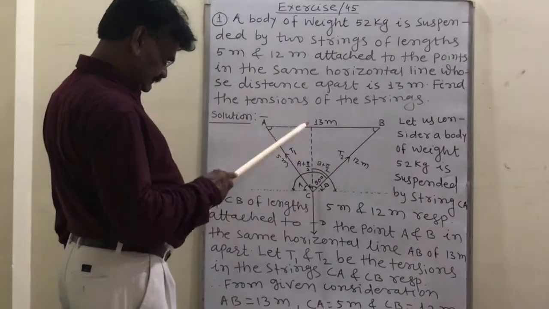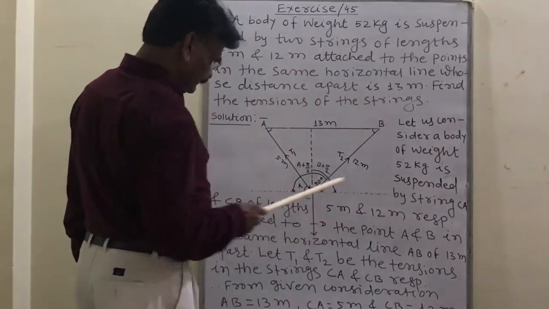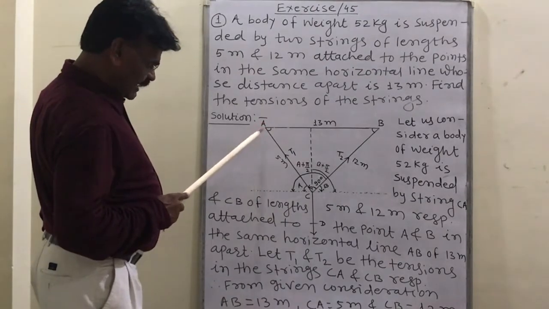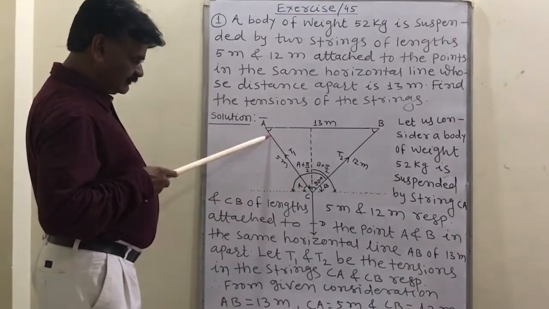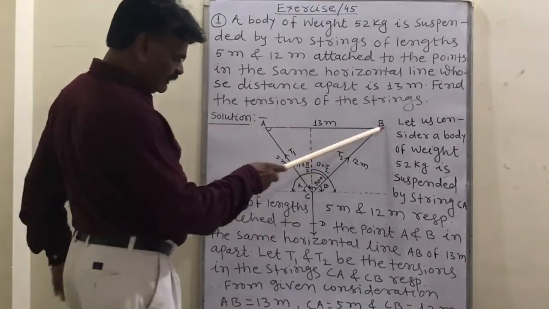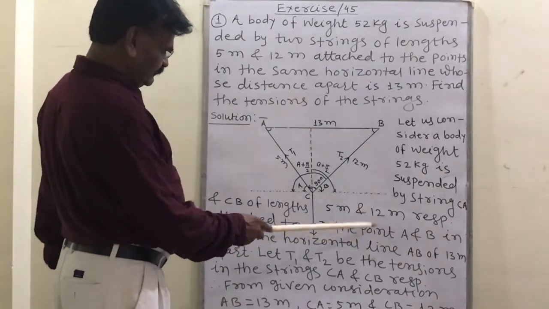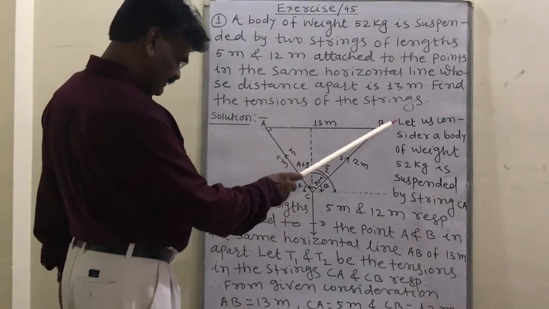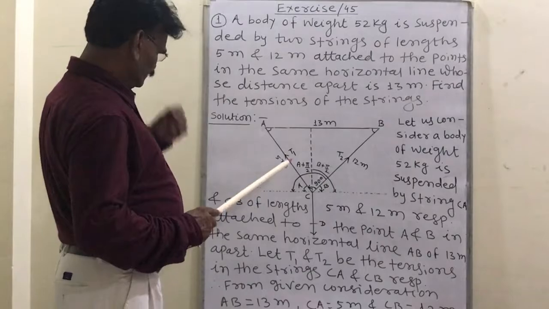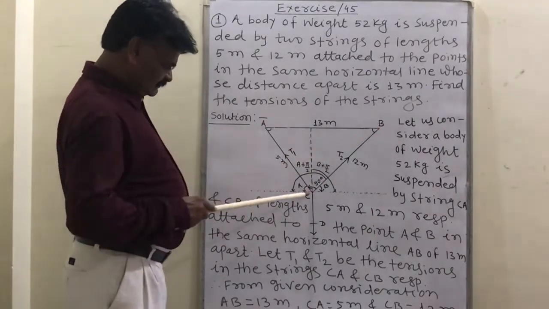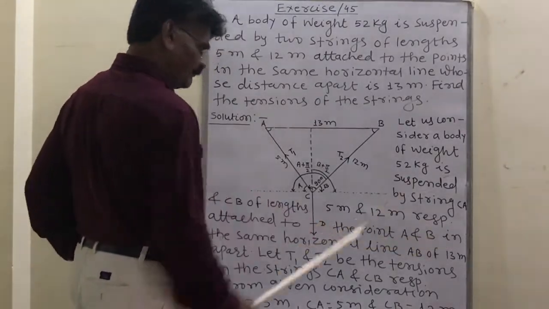This is suspended by strings CA and CB of lengths 5 meter and 12 meter respectively, attached to the points A and B in the same horizontal line AB, 13 meter apart.